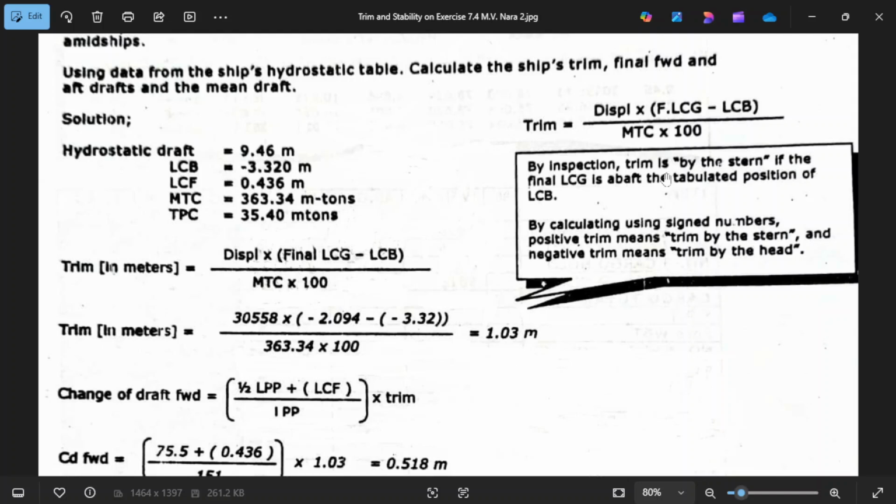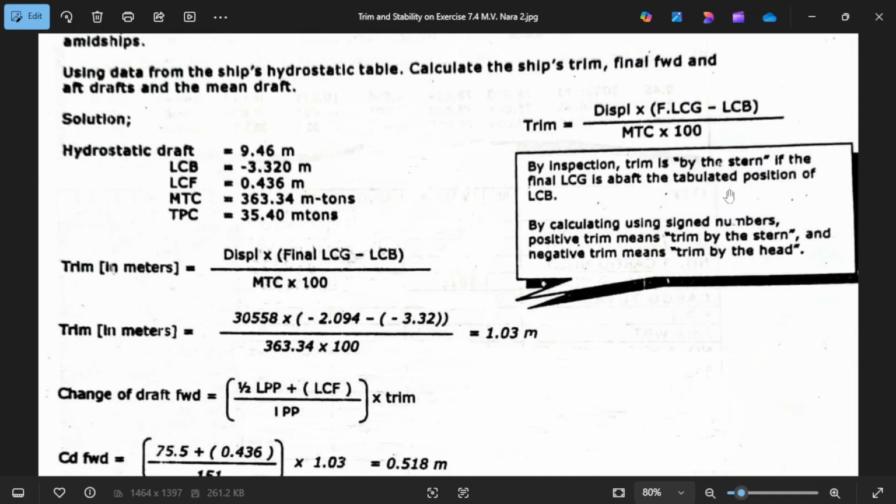By inspection, trim is by the stern if the final LCG is above the tabulated position. By calculating using sign numbers, positive trim means trim by the stern and negative trim by the head.